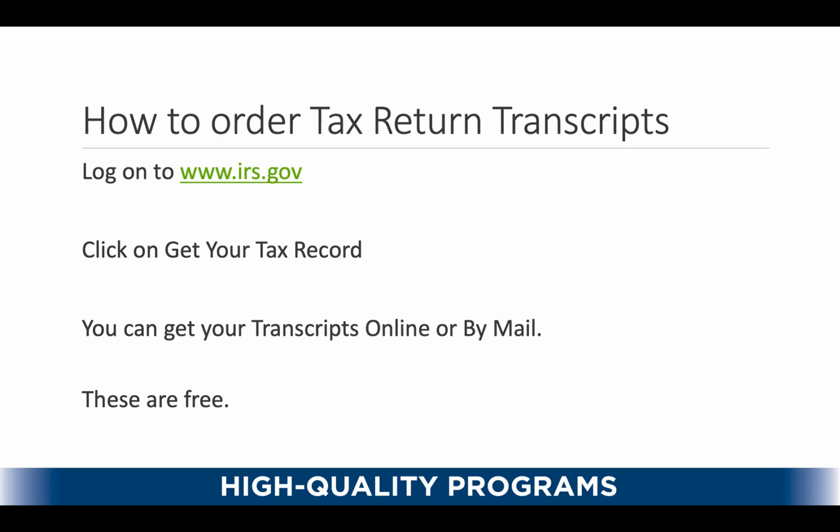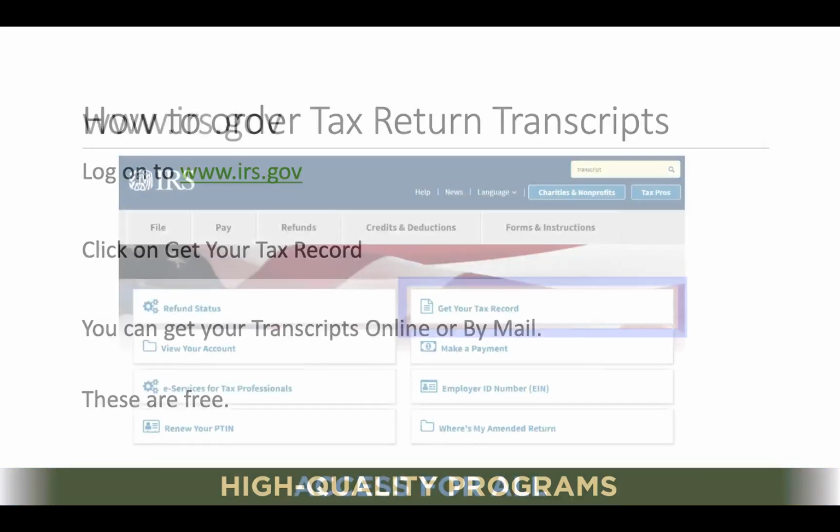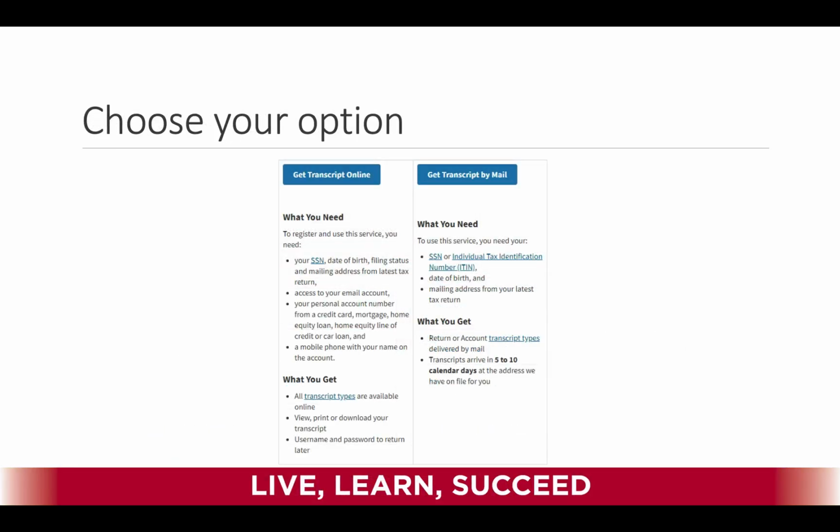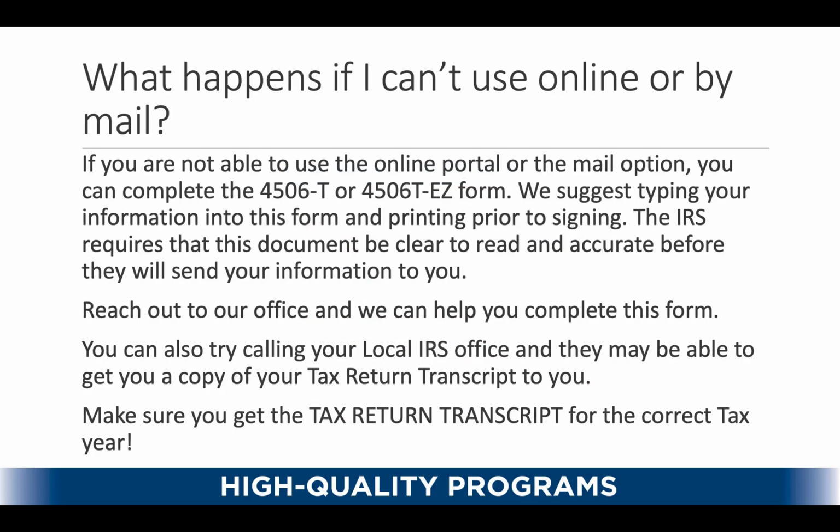This will give you the option to create an electronic account where you can download a PDF of your tax return transcript or order one by mail. Click on Get Tax Record. Choose if you would like to create an electronic account and download a PDF of your tax return transcript or order one by mail.